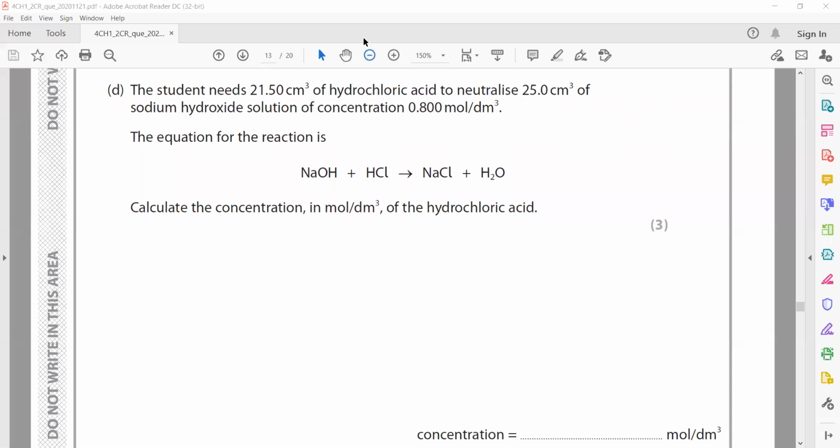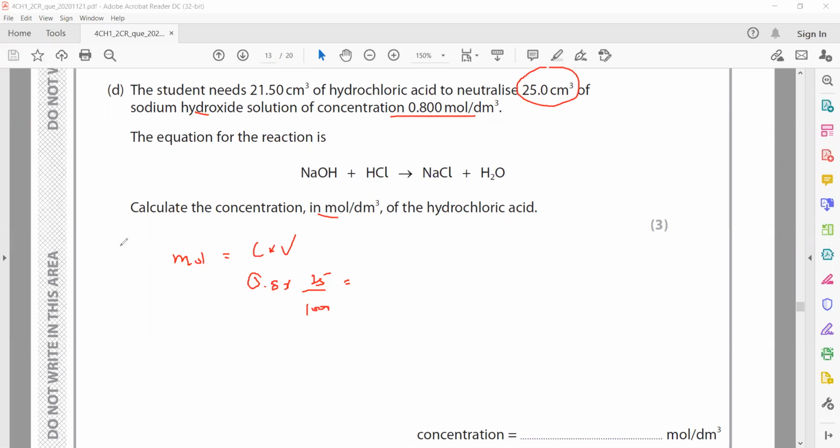The student needs 21.5 cm³ of hydrochloric acid with 25 cm³ of sodium hydroxide of concentration 0.8. Calculate the concentration of hydrochloric acid. First, 25 cm³ of sodium hydroxide is there, so we get the moles of sodium hydroxide by concentration times volume. The concentration is 0.8 multiplied by volume 25, divided by 1000.